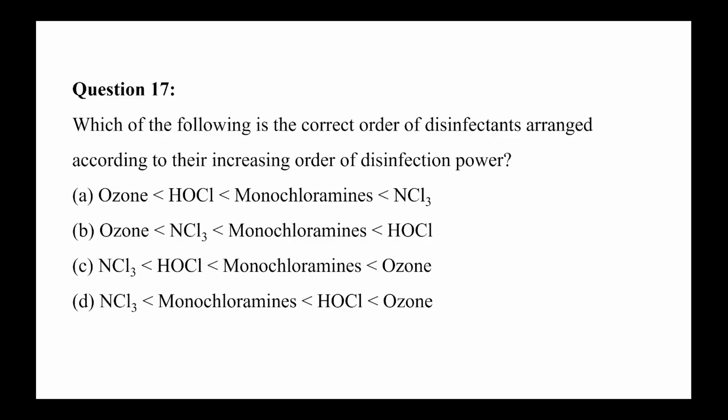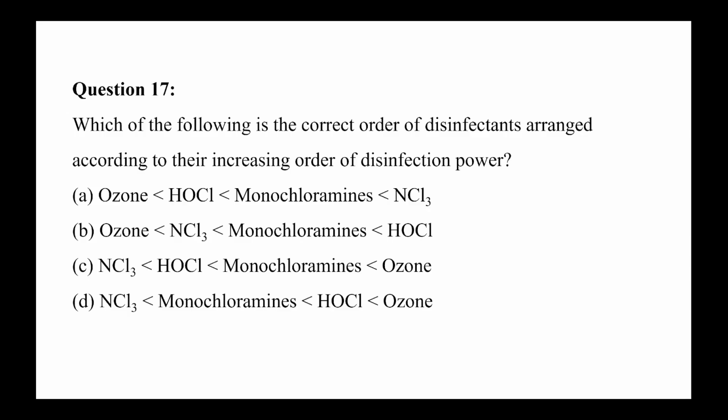Question number 17. Which of the following is the correct order of disinfectants arranged according to their increasing order of disinfection power? Option A, ozone is the least disinfectant agent, then HOCl, then monochloramines, and then NCl3.